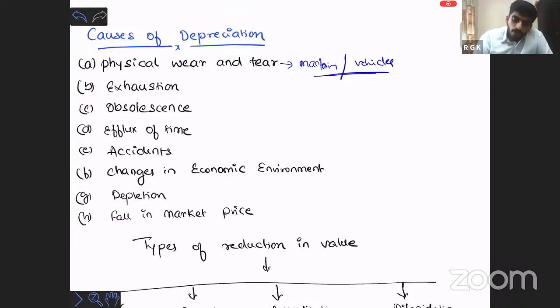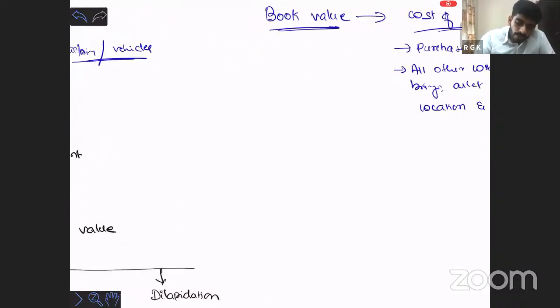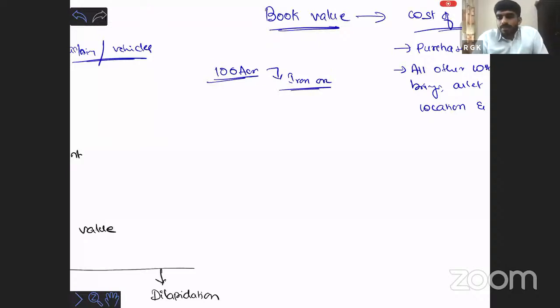Let us say you have around 100 acres of land which consists of iron ore. When someone purchases this land, he will be purchasing the iron ore also. Maybe these 100 acres of land may be sold for 100 crore rupees.